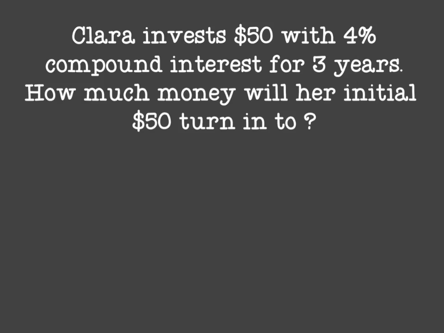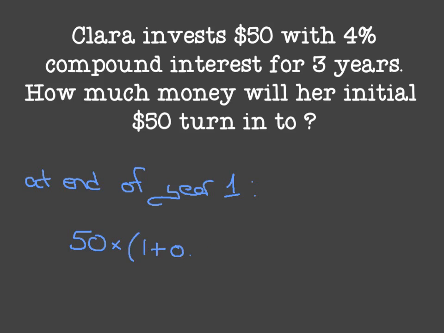So what we'll do here is, to begin with, calculate how much money Clara would have at the end of the first year. So I'm just going to write this. At end of year 1. Since we're told that the interest rate is 4%, by the end of the first year her $50 will be increased by 4%, which we can calculate by writing 50 times 1 plus 0.04, which is 4%.